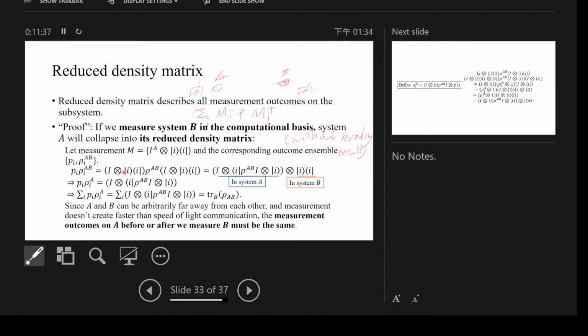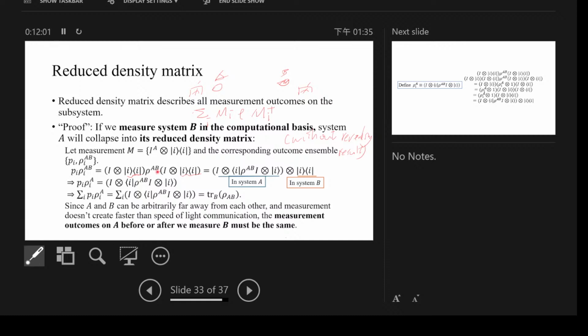Here we have the B part, here we have something on B part, and here we have something on both A part and B part.